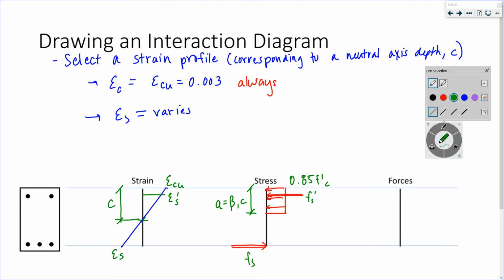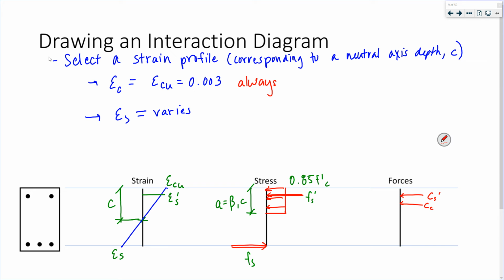Best part. These I can resolve into forces with, right, force in my compression steel, compression force in my concrete, and tension force. Can I draw that?